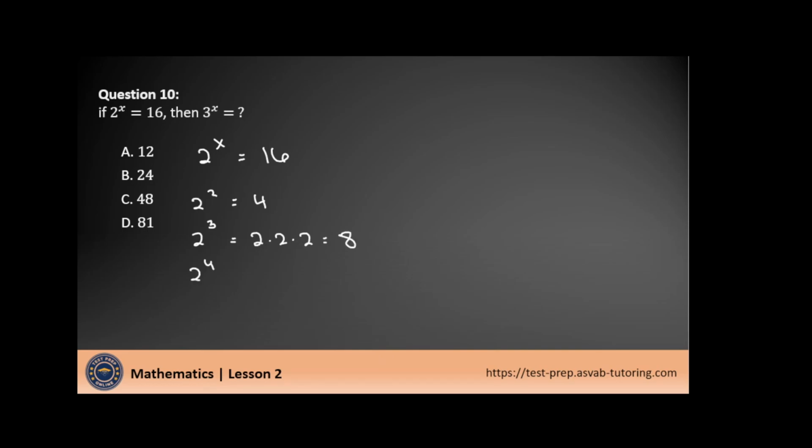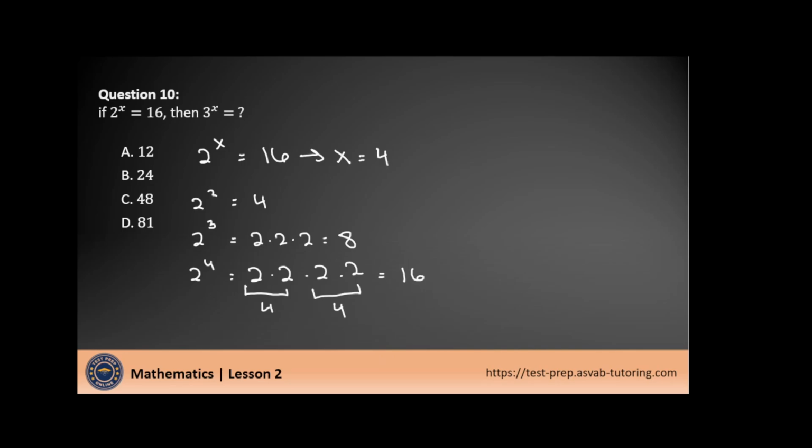And 2 to the fourth would equal 2 times 2 times 2 times 2. This is 4, and this is 4. 4 times 4 is 16, right? So this matches 2 to the x equals 16, therefore x equals 4.